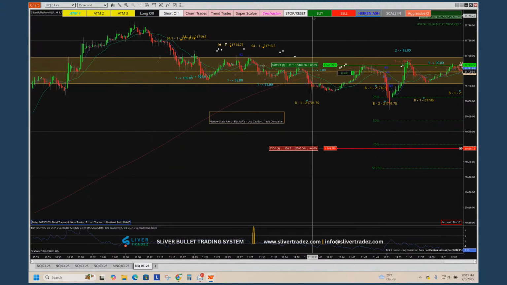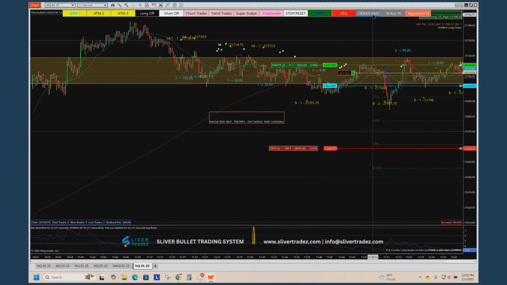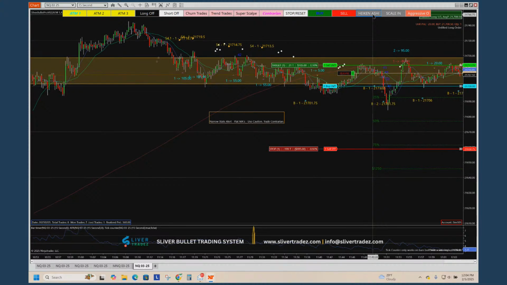So now if I have to average it, I will keep a resting order here. So that's what we've been seeing, since the market is in the range. If I'm taking a contrarian trade, the market is giving a pullback further.